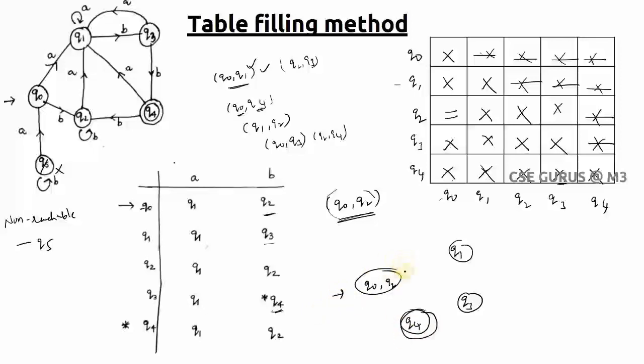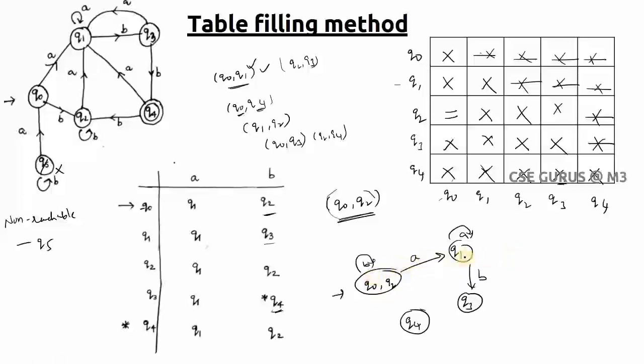And Q0 to A, what is Q0 to A? Q1, Q0 to B, Q2, of course in this only, that's why self loop. Q1 to A, self loop. Q1 to B, Q3, Q2 anyway no need to take because it is combined.